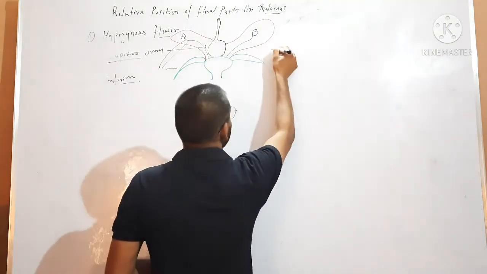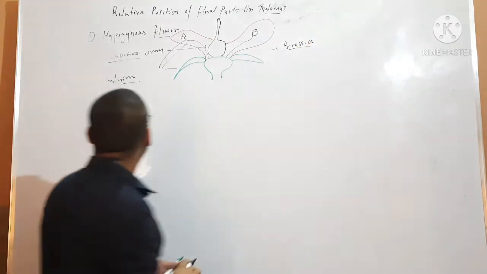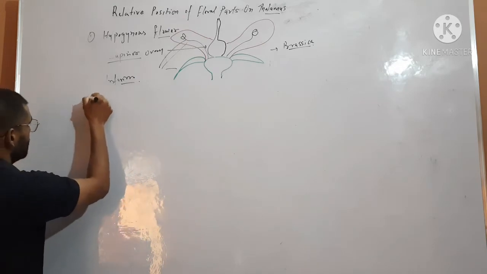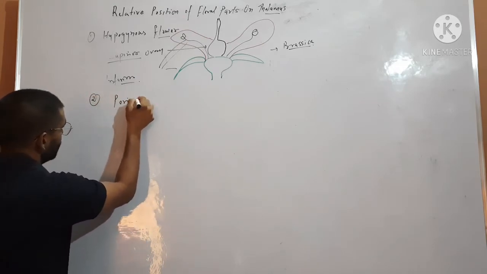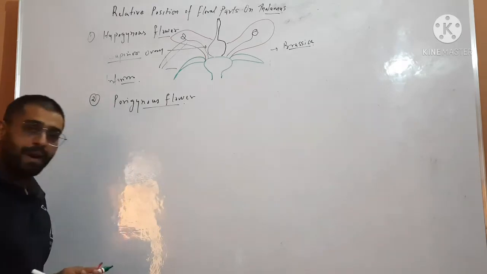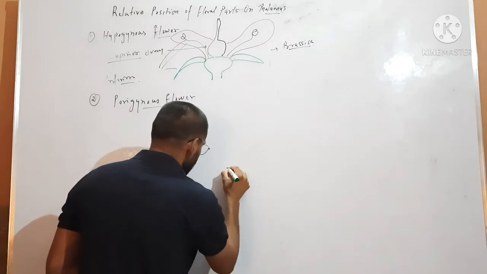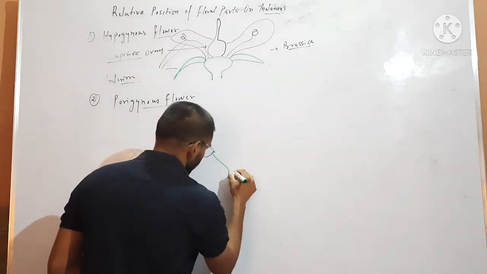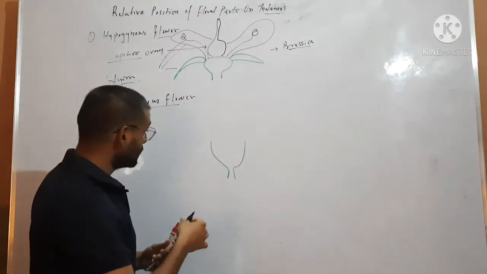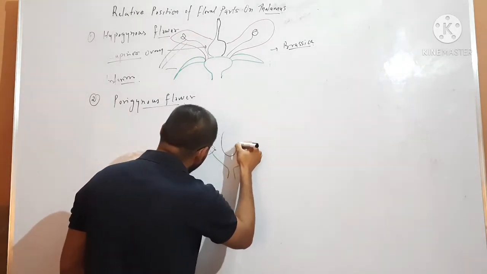An example of this is brassica. And the next one is perigynous flower. In perigynous flowers, the thalamus becomes cup-like or flask-like, and on this thalamus, the ovary is present at the center.